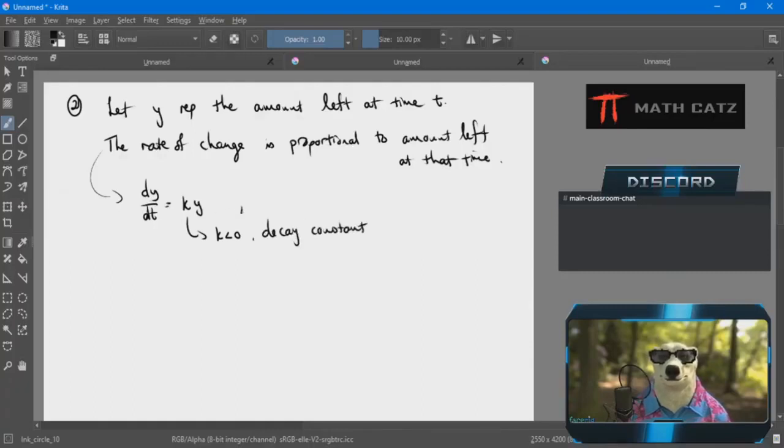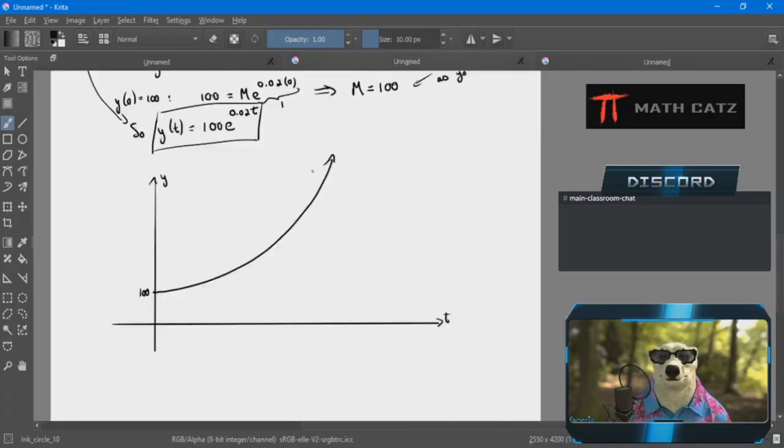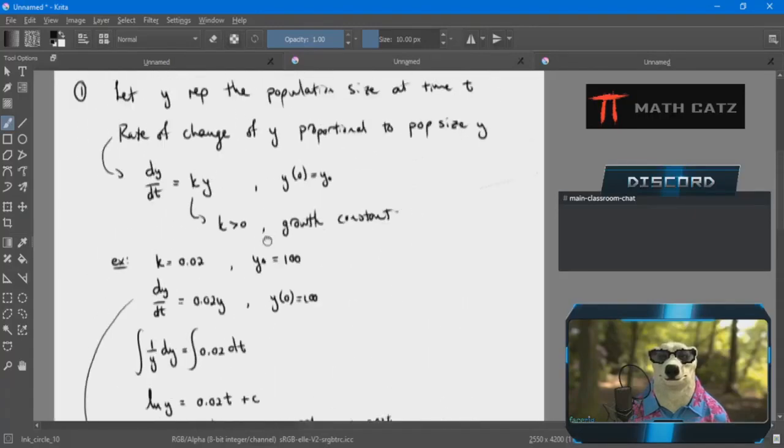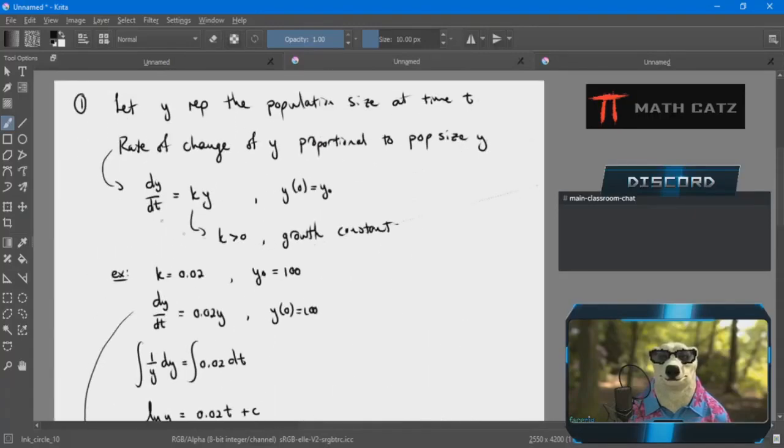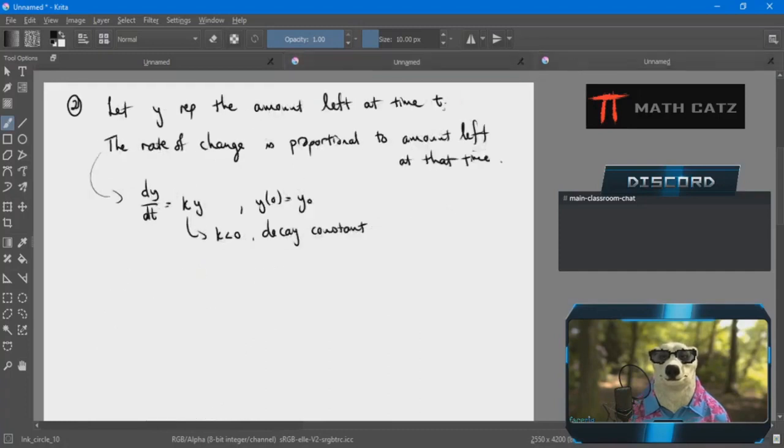But it's the same looking situation, and I also have my initial amount, usually known. So it looks exactly the same as up here. The only difference is that the k is now negative, and that's not going to have any effect on how I approach the differential equation.